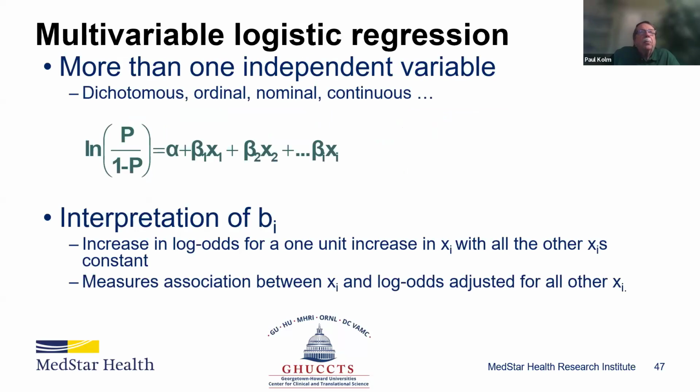do the same thing with multivariable logistic regression, where we have more than 1 independent variable, which can be dichotomous, ordinal, nominal, or continuous.